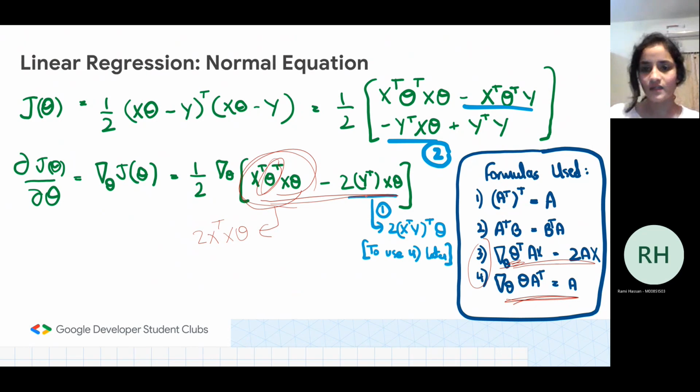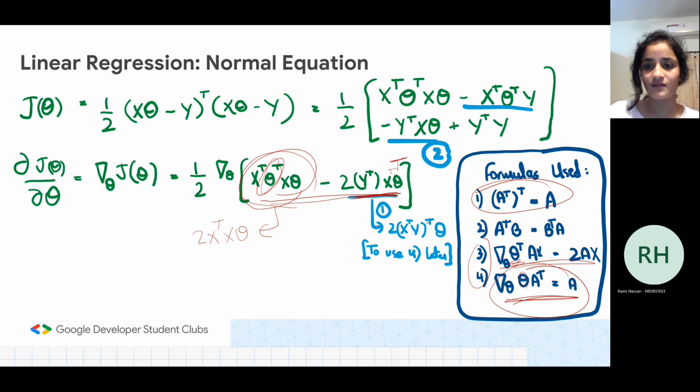Okay, now the second one, we have theta, but the rest aren't in transpose, right? Here in the fourth one, you have theta without the transpose, but the rest of the coefficients have to have the transpose on it. Here, y has the transpose, x doesn't. So we need it to have the transpose. What do we do? We're going to use formula number 1, where two transposes mean the same matrix. So we'll add a transpose on this and we'll add another transpose on this.